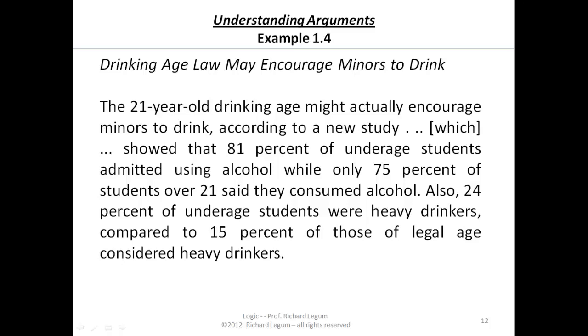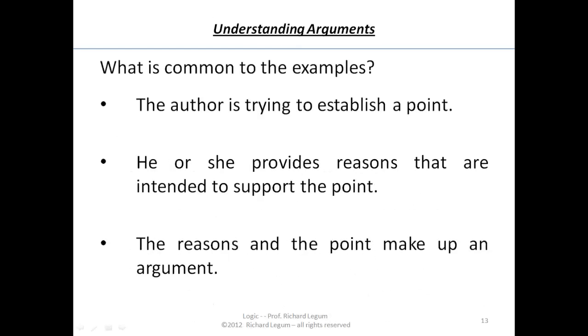The point is, in understanding argument, that there's something common to all of these examples. First of all, the author is trying to establish a point. She is trying to get you to believe something, to agree with him or her about something.